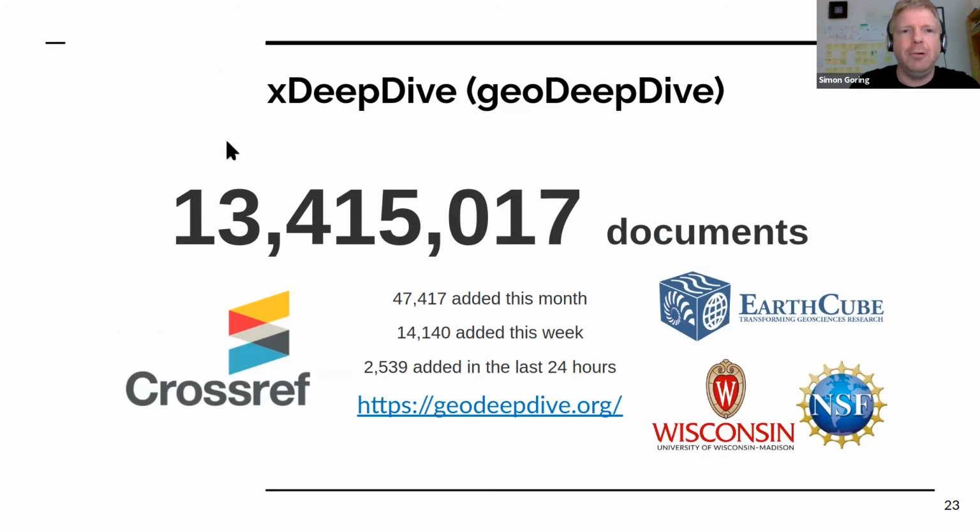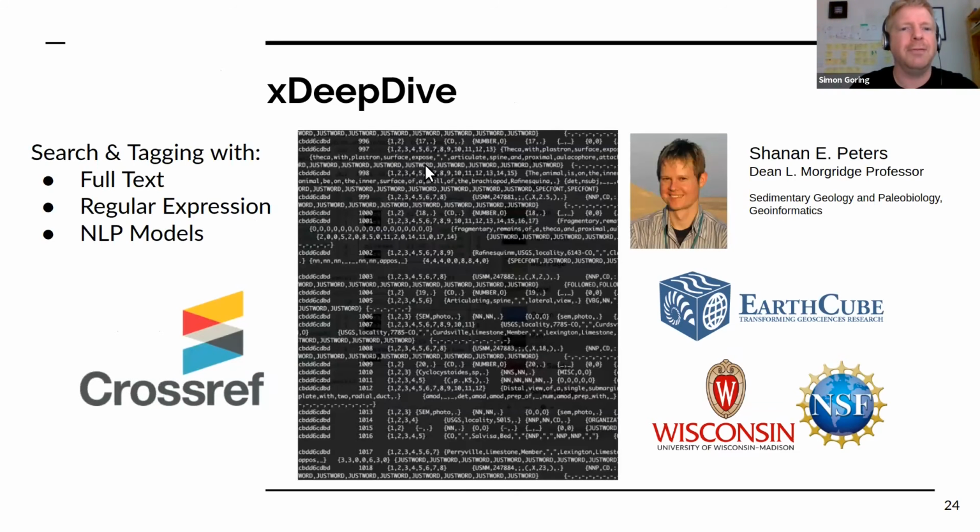In addition, we can use GeoDeepDive. This is another EarthCube funded project, NSF funded project based out of the University of Wisconsin. There are 13 million full text documents in there. They've been processed using the Stanford natural language processing library and some other tools as well.